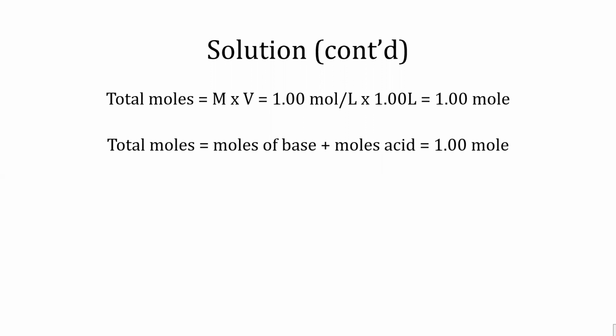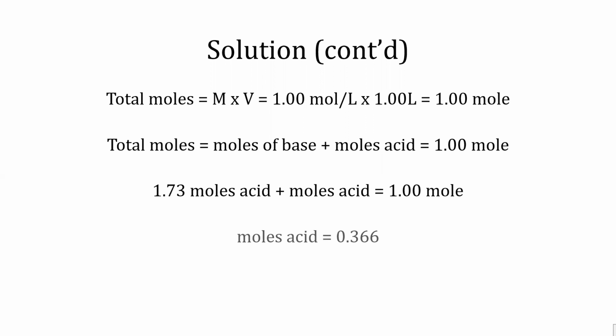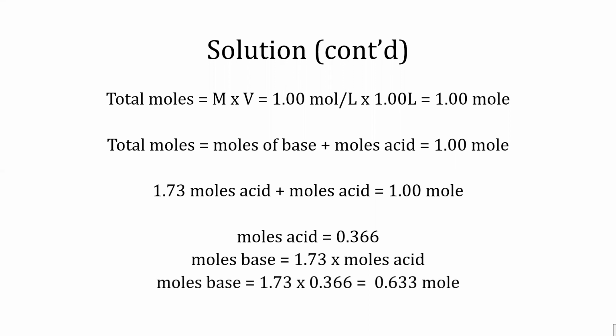This means that moles base plus moles acid equals 1.00 mole. If we sub moles base with 1.73 moles acid and solve for moles acid, it equals 0.366 moles, and therefore moles base equals 0.633 moles.